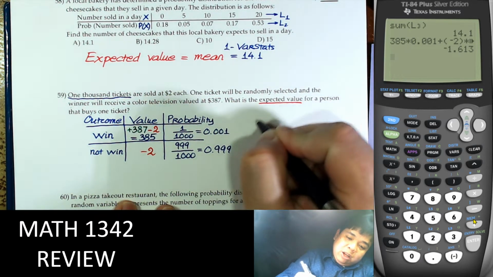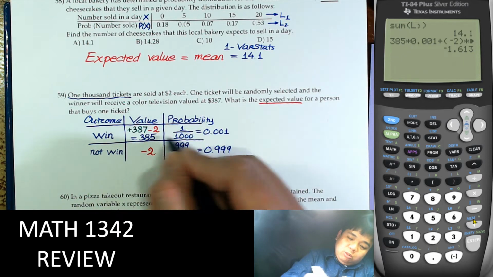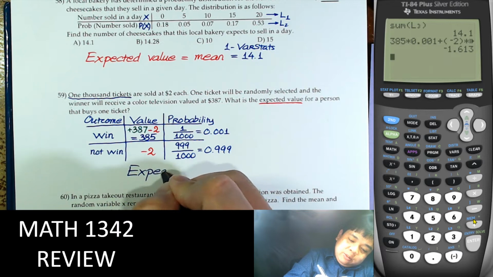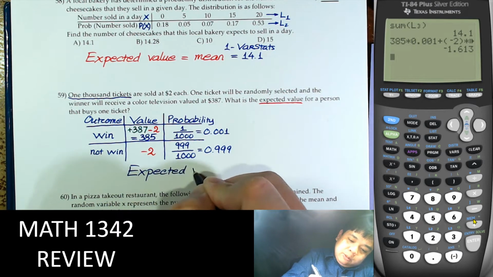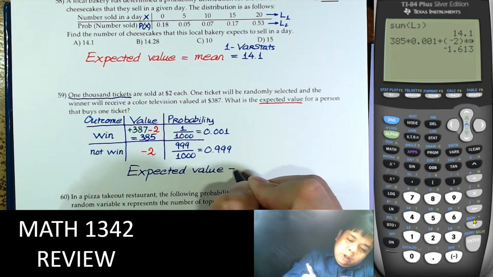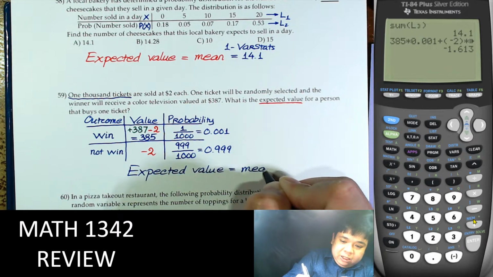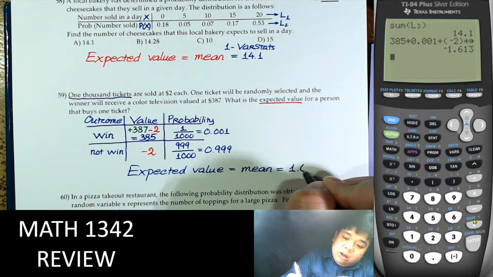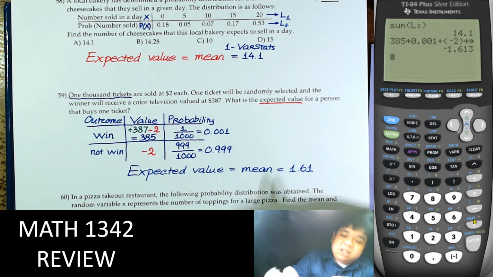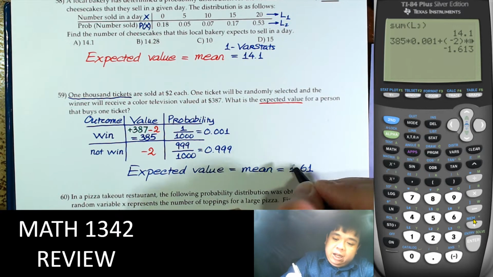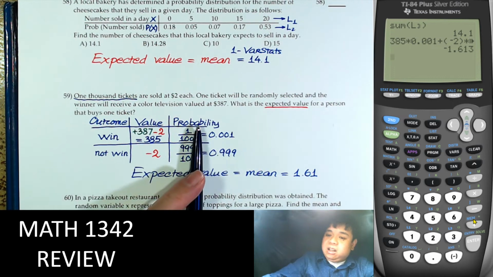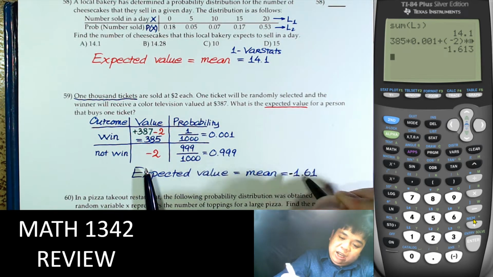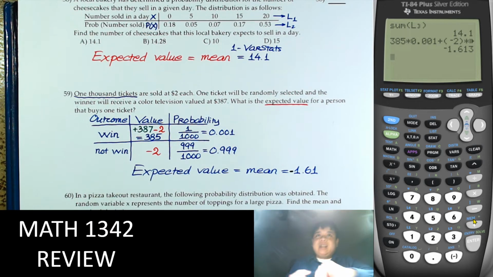So we say expected value. First multiply straight across and then add. So expected value or the mean is equal to negative 1.61. This is money, so we round to the pennies. 1.61, and it has the negative. So negative meaning, of course, we're losing money, and that's what it should be.